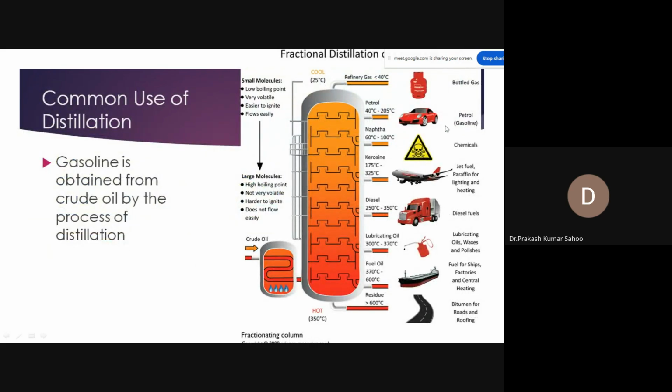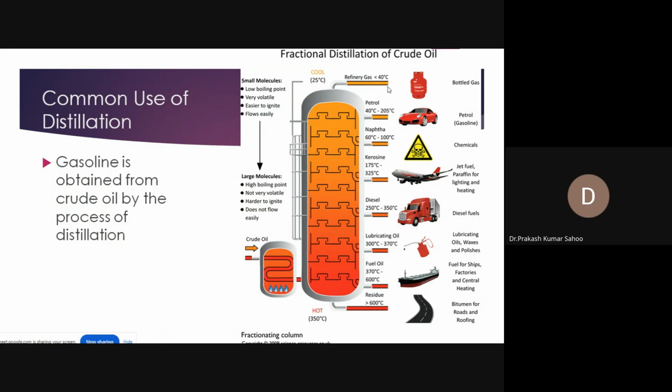And this is the fractional distillation method, where crude oil gets separated. The crude oil contains components like refinery gas, that is CNG, petrol, naphthalene, kerosene, diesel, lubricant oil, fuel oil, and electricity.